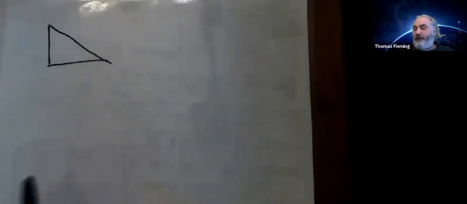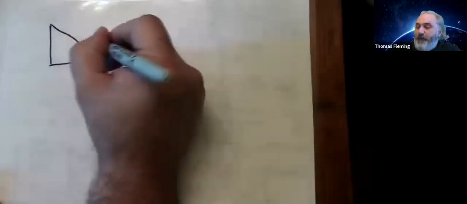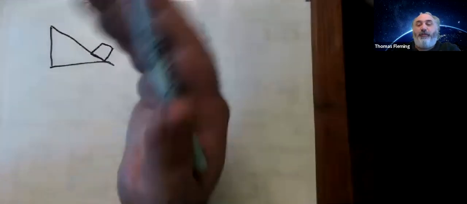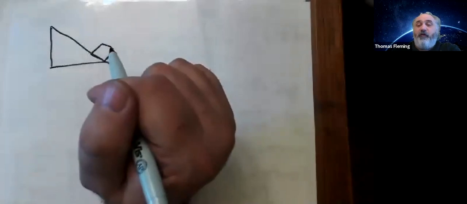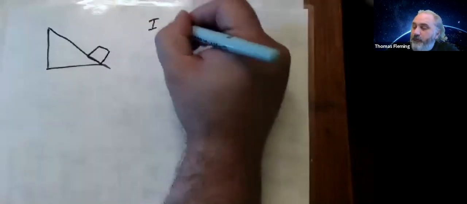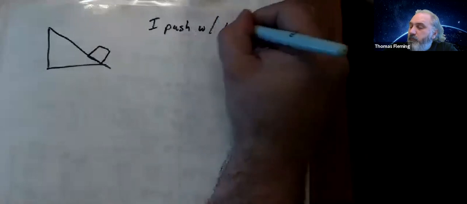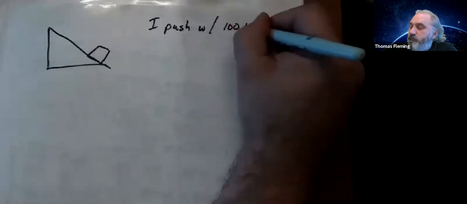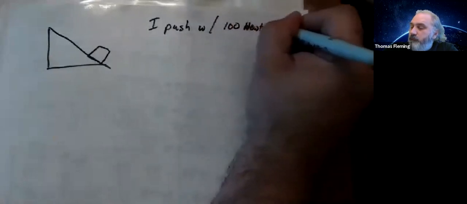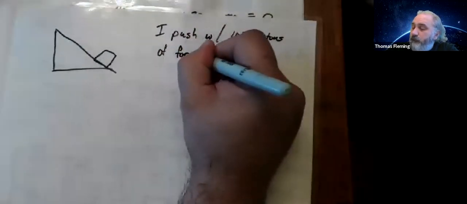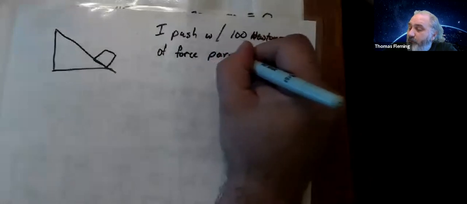So, a box on a ramp. Here's a ramp. Here's a box. And what's going to happen is I want to push this box up the ramp. So I'm going to push with 100 newtons of force, parallel to the ramp.